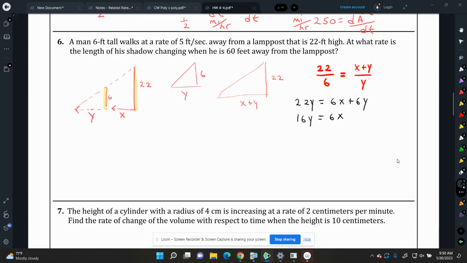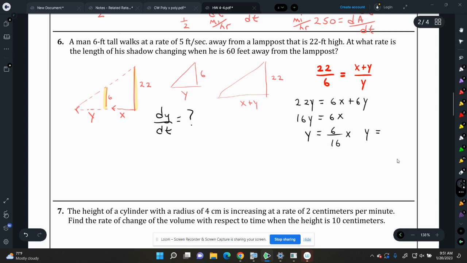What am I trying to find? At what rate is the length of the shadow changing? So what am I trying to find? dy dt. Okay. So I'm going to isolate the y. So y equals 6 over 16 x. So y equals 3 over 8 x. Okay. I don't think I need the 60.